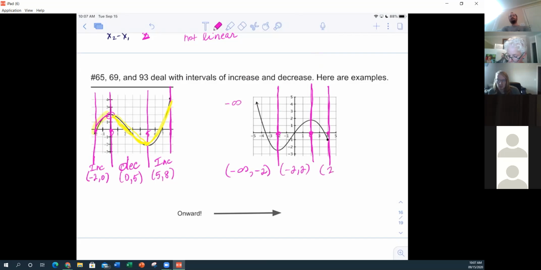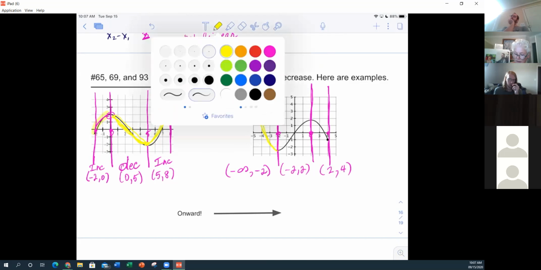I'm just looking at what's happening on the x-axis. Now I go back and question myself as to what's happening on those intervals. So what's happening from negative infinity to -2? We are decreasing, right?